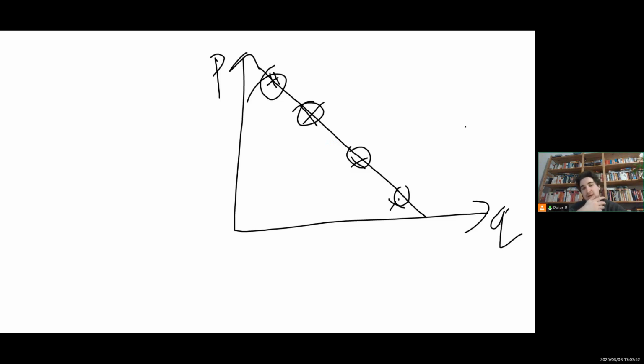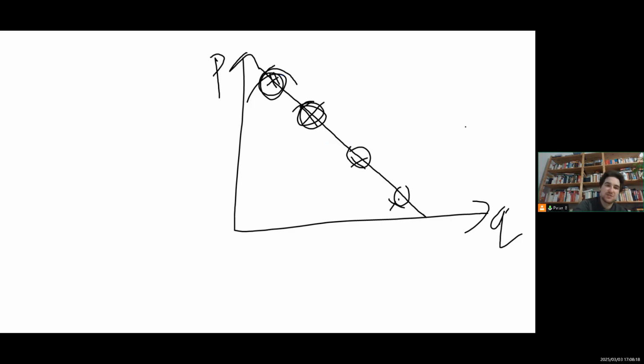So if the price changes, then typically we talk about movements along a demand curve, because my demand curve is the same. I still value one chocolate bar at £2 and two chocolate bars at £1.50 each, and so on. It's just that the price has changed, so therefore the amount that I'm actually going to buy has changed.